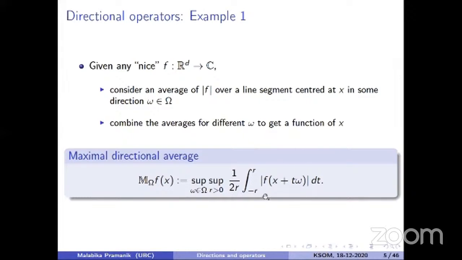Take the average of the absolute value of f over all such line segments. The output function g evaluated at x is the supremum of the largest of these averages. The resulting operator, which we denote by M sub omega, is called the maximal directional average.